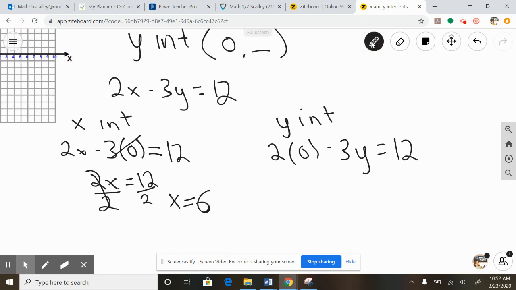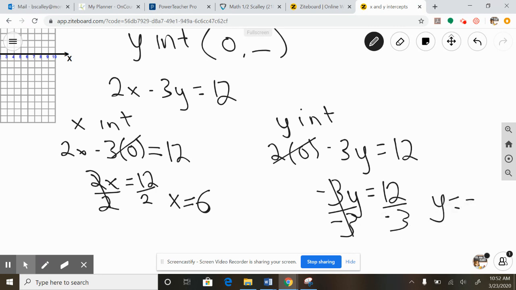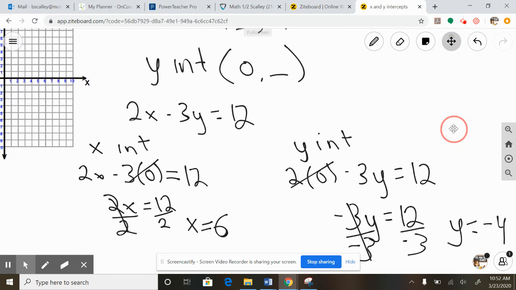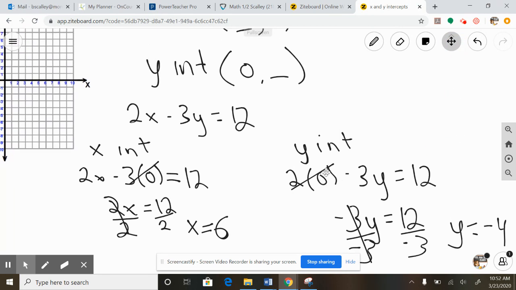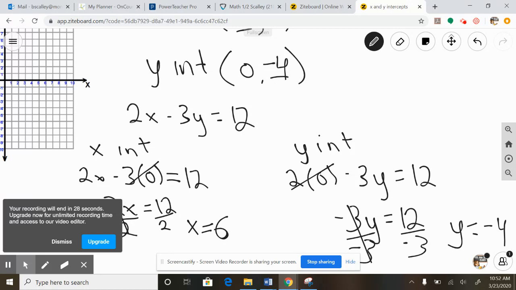So 2 times 0 is just 0, but I have negative 3y equals 12, and when I divide by negative 3, I get y is negative 4. So basically, when I plugged 0 in for x, the y-coordinate was negative 4.